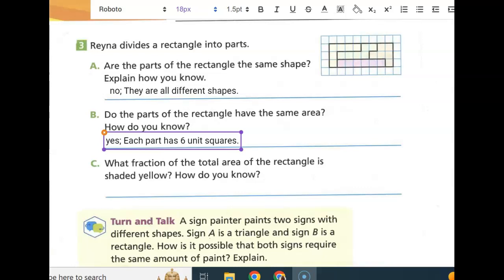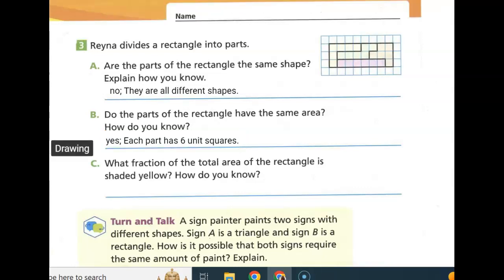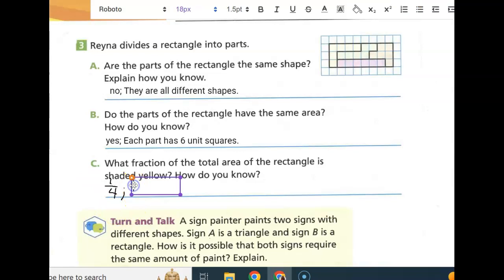No, there are 4 parts, and it is one of those 4 parts. So you would write 1/4, semicolon. Then it says, how do you know? Because there's 4 in all, and you're looking at the yellow.